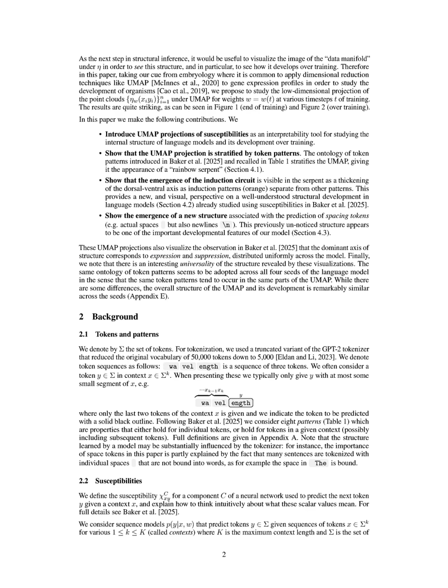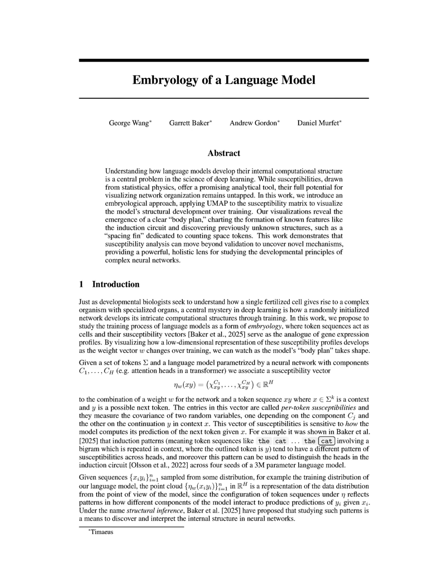To compute a susceptibility vector for a token sequence, we consider a specific context, X, and a next token, Y. For instance, if X is "the cat" and Y is "sat", we associate a susceptibility vector, eta_WXY equals chi_C_1_XY, dots, chi_C_H_XY, where each entry, chi_C_J_XY, measures how the prediction of Y given X is affected by perturbations in the weights of the model's components, C_J.